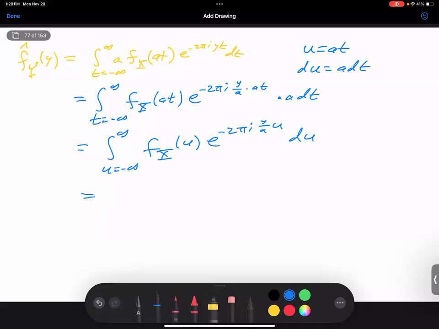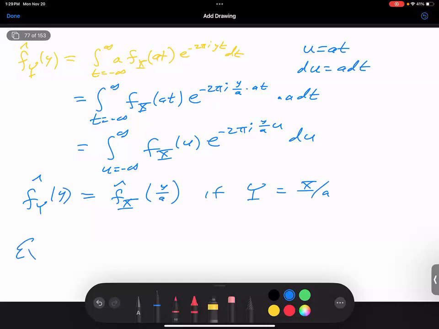What does that integral equal? The Fourier transform of the function X at y over a. So for example, if we have the Fourier transform of X divided by square root of n at t, that'd be the Fourier transform of X at t over square root of n.